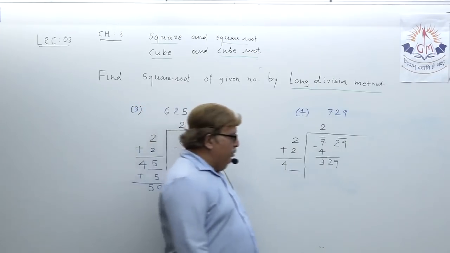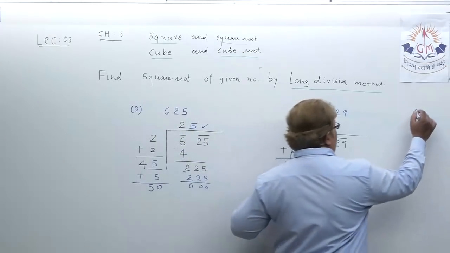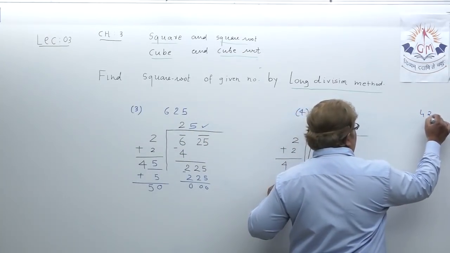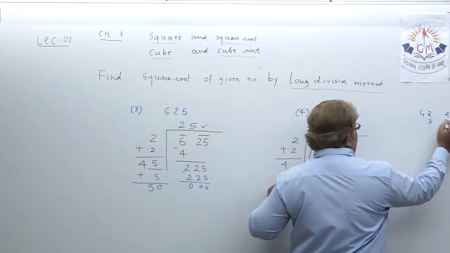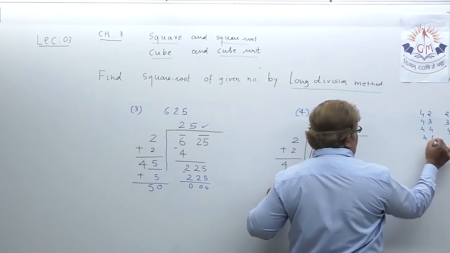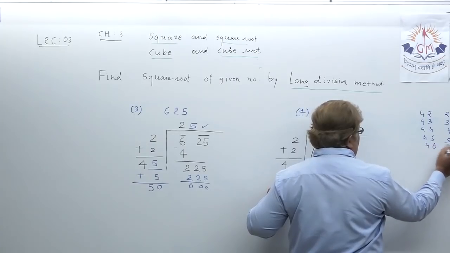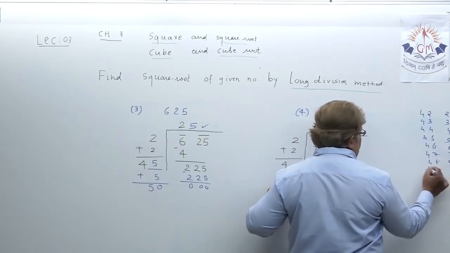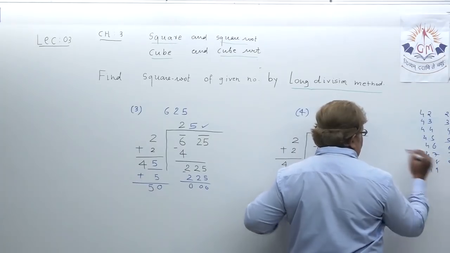Why am I not trying the rest of the numbers? I just want to make your logic clear. 42 2s, 3 3s, 44 4s, 45 5s, 46 6s, 47 7s, 48 8s, 49 9s. Start thinking.